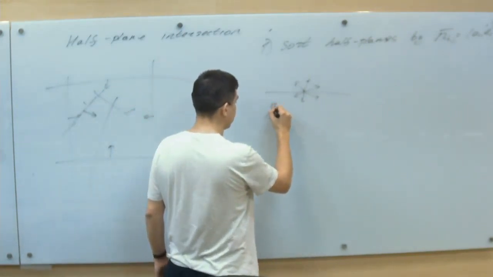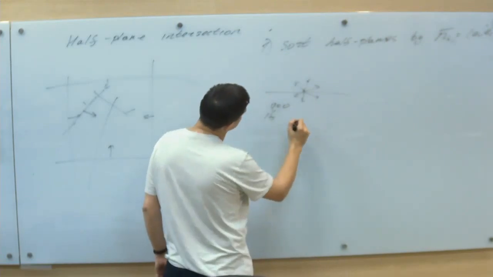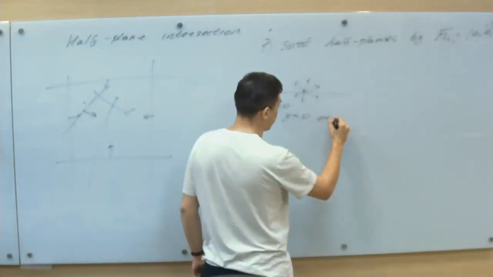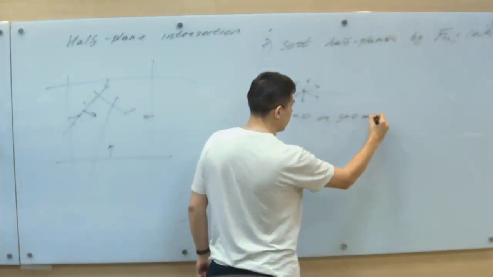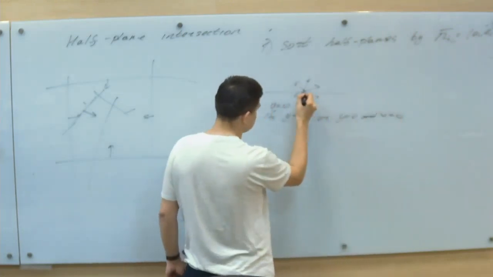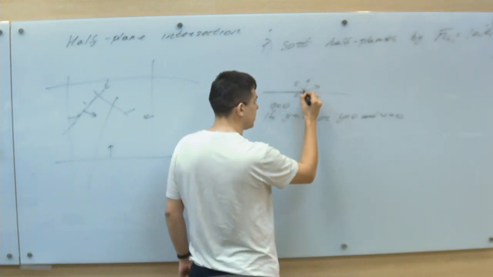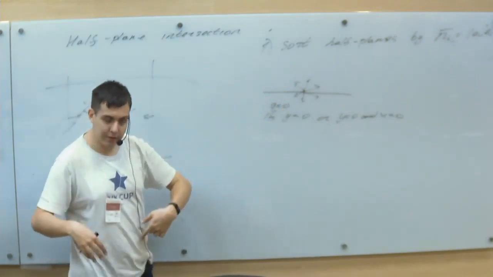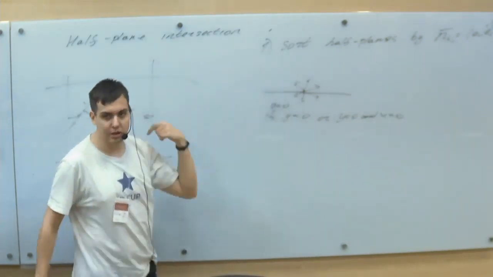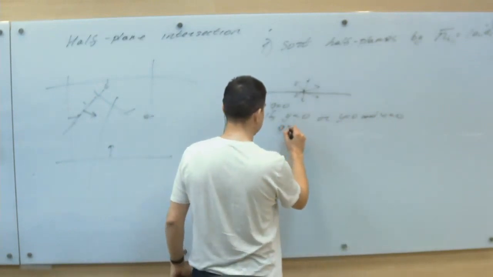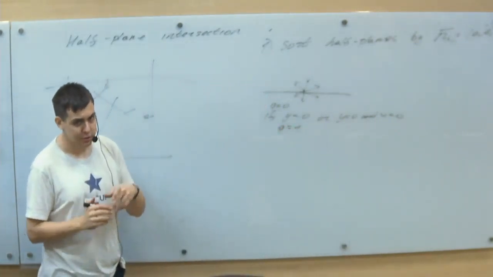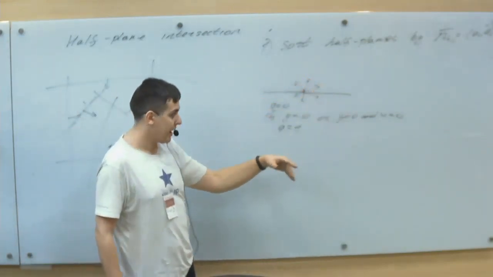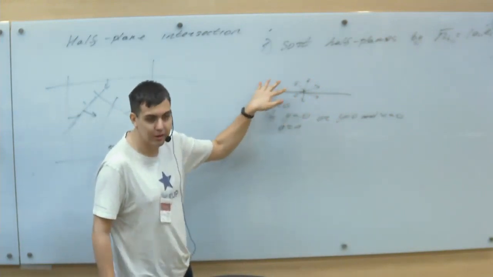So q is 0 if y of that vector is negative, or y is 0 and x is negative. This means that we include this, but don't include this line. So basically the negative x's belong to the lower plane, and the positive x's belong to the higher plane. Otherwise q is 1. And then we first sort all the vectors where q is equal to 0, so that's the upper half plane, and then we sort all the vectors where q is 1, which is the lower half plane.